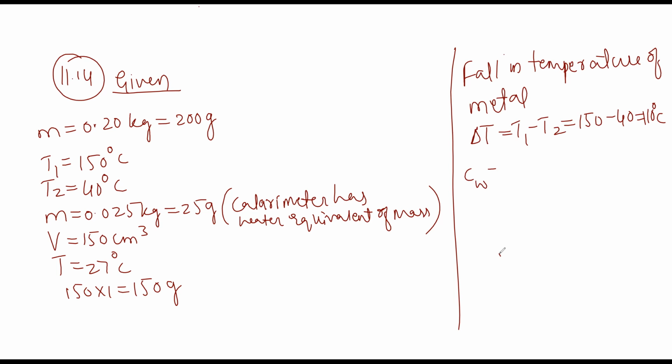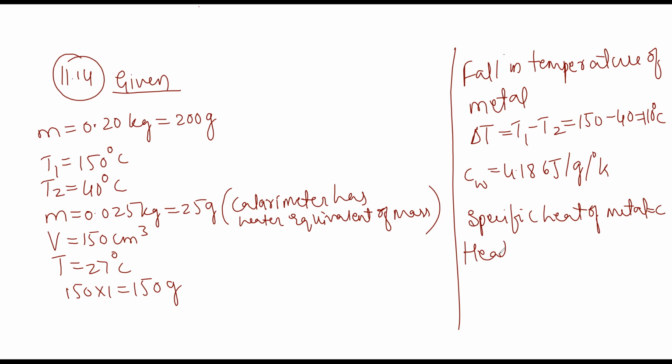Specific heat of water is equal to 4.186 joules per gram per Kelvin. And next, the specific heat of the metal, let us consider it as C.